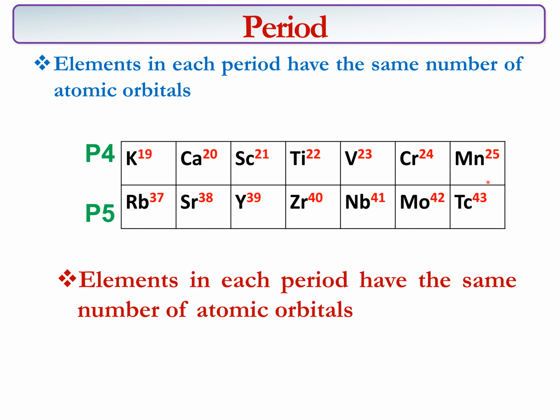And manganese has 4 atomic orbitals. And for period 5, for example, zirconium has 5 atomic orbitals. And molybdenum has 5 atomic orbitals as well. All the elements in period 5, each of them will have the same number of atomic orbitals.